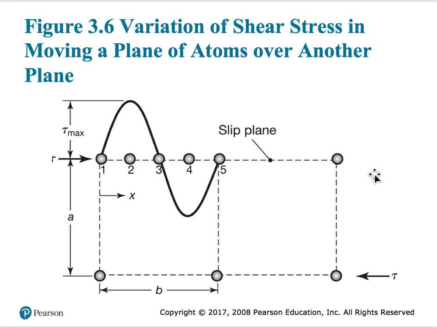So you have a direction of the movement of the atoms and the plane of atoms on which it can happen. The combination of the slip plane and the slip direction is called the slip system. Most materials can deform more easily along a system of a slip plane and a slip direction.